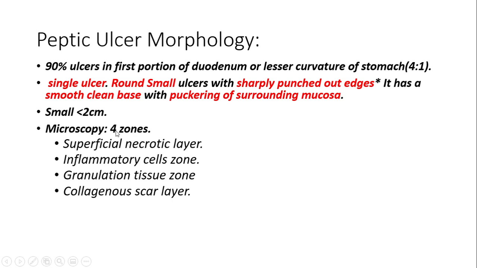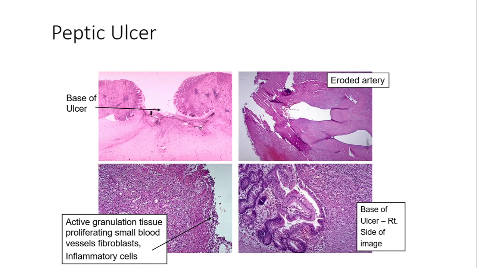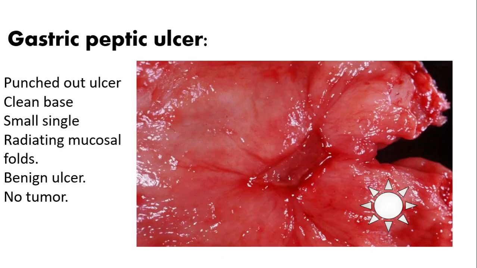Microscopically, 4 distinct layers: superficial necrotic layer, inflammatory cell zone, granulation tissue, and collagenous scar or fibrous tissue layer. To start, I will show you the gross appearance of peptic ulcer or gastric peptic ulcer.